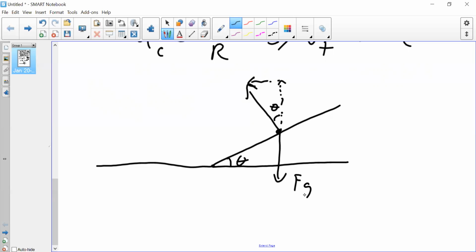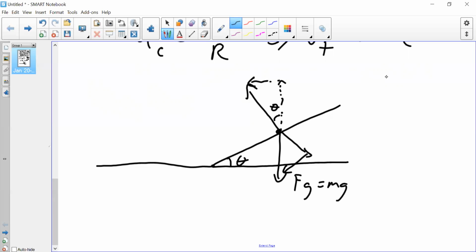We have the weight always pointing down. This is off axis too. So we have these components like so.